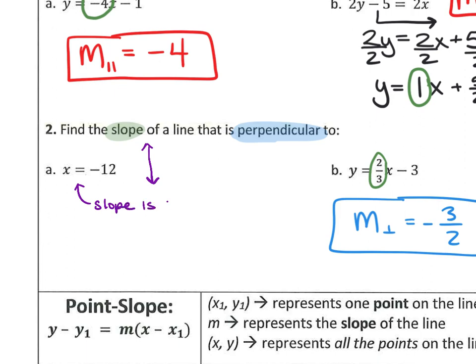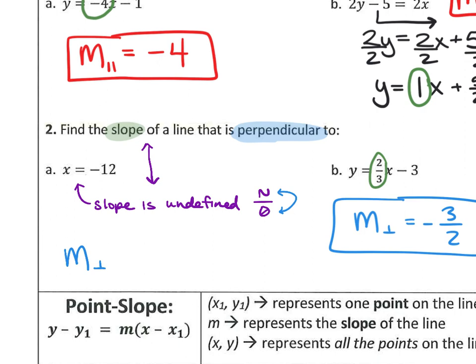Slope is undefined. Now, we just talked about this earlier. Undefined means that you are dividing by 0. We're going to put the letter n up here. If I want the perpendicular slope to an undefined, that means I want to flip this fraction. What number do I get when I flip that fraction? 0.